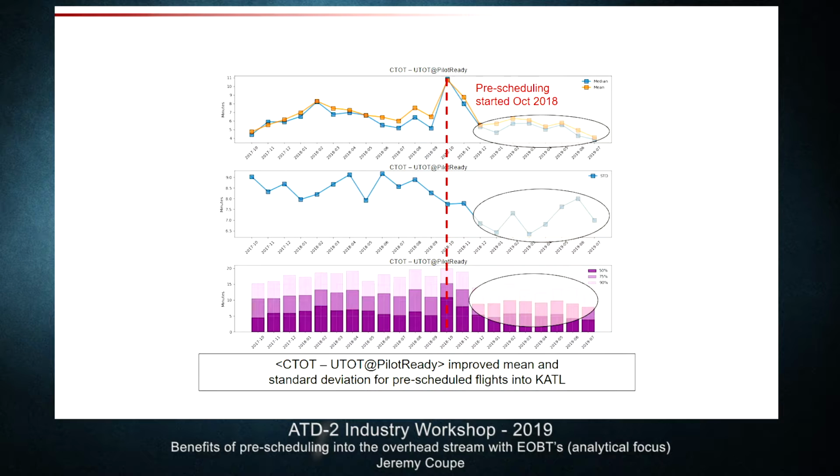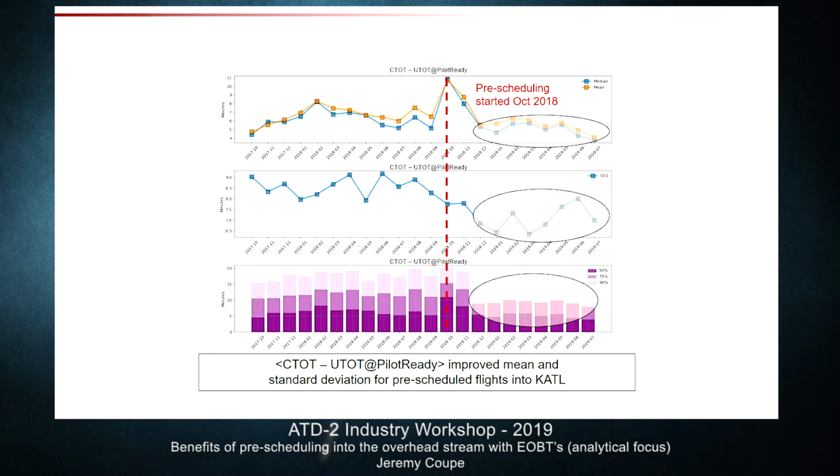And so what I think you can see here is that if you're interested in this controlled takeoff time minus unimpeded takeoff time, there have been significant improvements on the predictability of that delay once we started pre-scheduling with the EOBTs and after the calibration of the system.